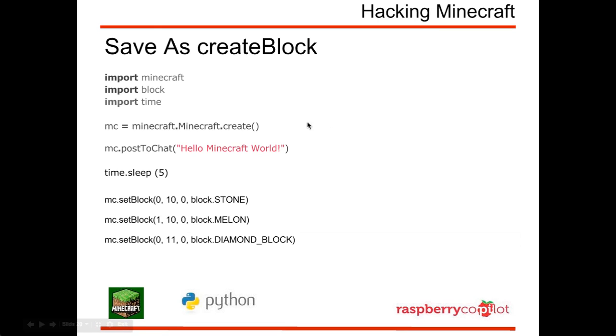So this was the first code that we had that interacted with the blocks, placing the blocks. Again, we have our import lines, our connection line. This was our previous code. And then we have this setBlock function. Make sure this B is capitalized. That's been a big problem in the past. Remember, the first word is uncapitalized, and all following words start with a capital letter. That's the standard in Python.